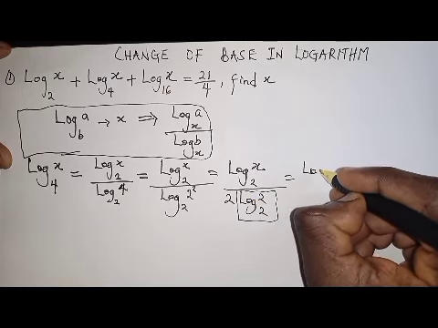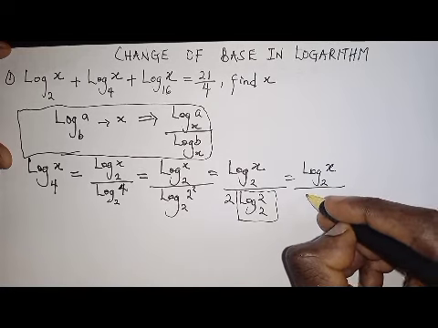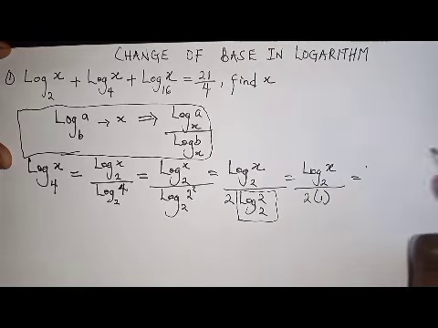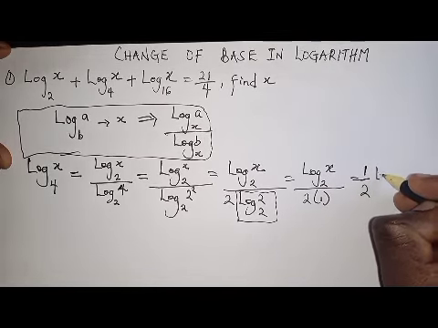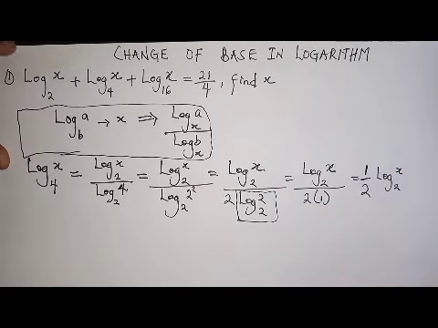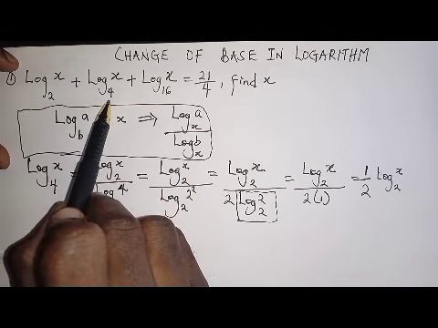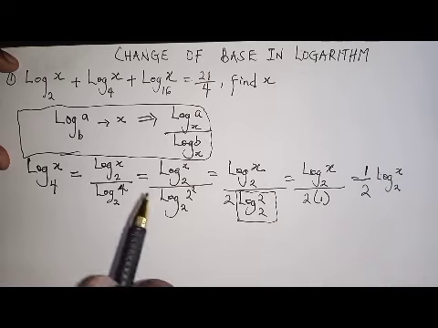So I have log X in base 2 over 2 times 1, which simplifies to half log X in base 2. So log X in base 4 is simply half log X in base 2.